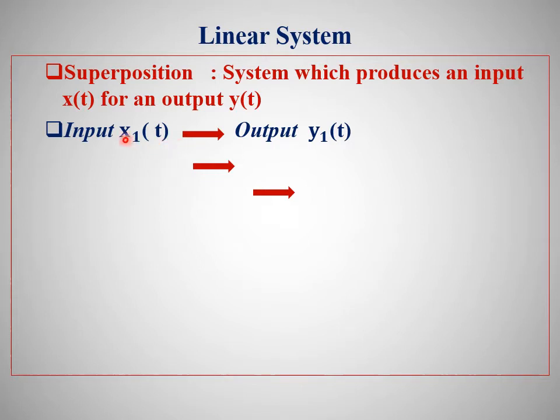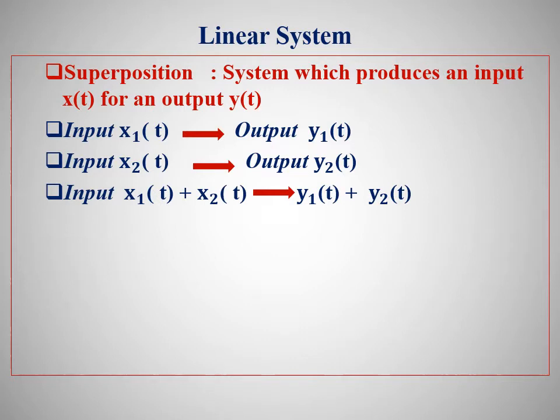Hence, input x1 of t produces an output y1 of t, and another input x2 of t produces an output y2 of t. So, the principle of superposition is such that the input sum results in an output sum, as can be seen here: x1 of t plus x2 of t results in y1 of t plus y2 of t.